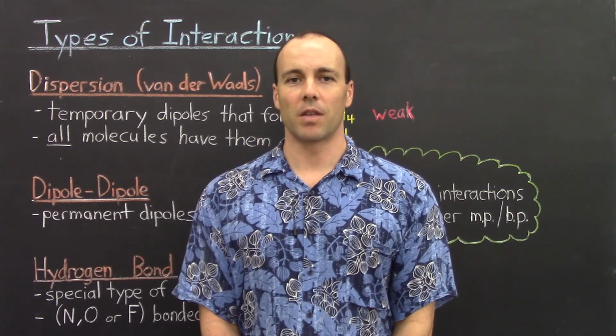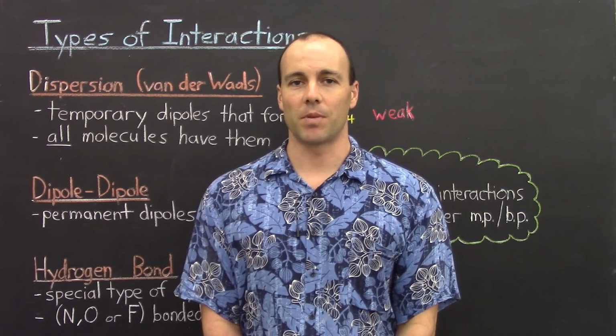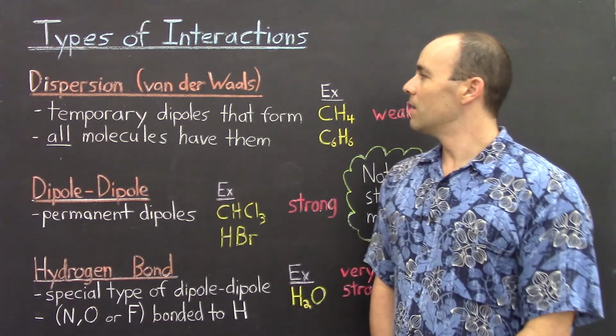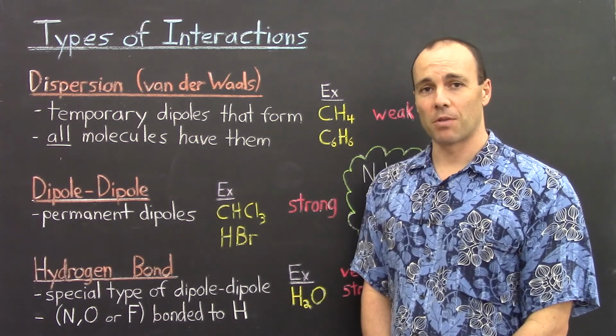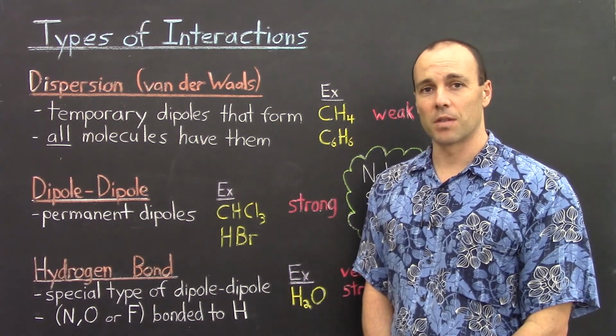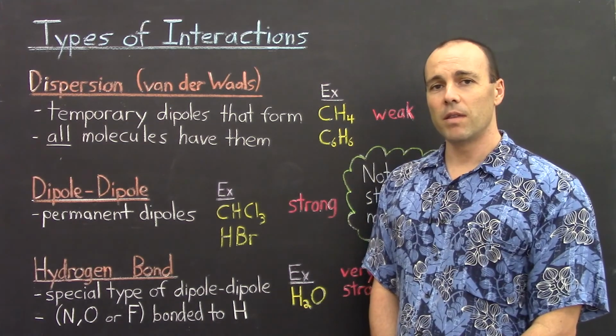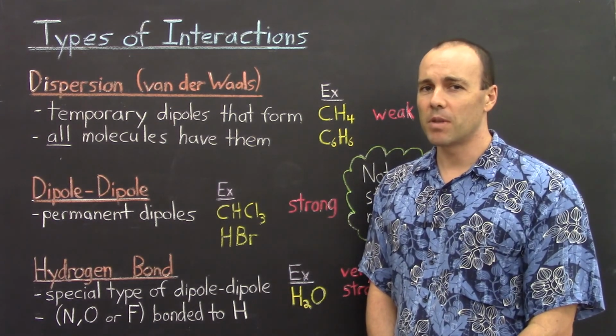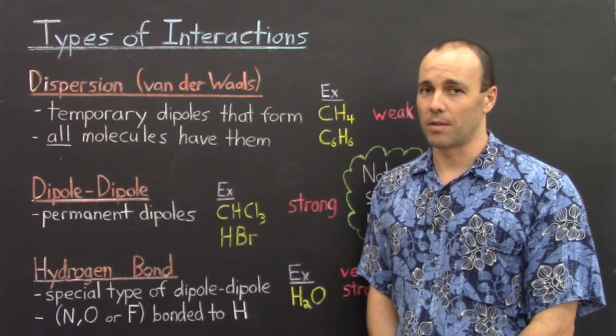Intermolecular interactions can be classified into 3 major types. The first type is the dispersion interaction, also called the van der Waals interaction. And these interactions are temporary dipoles that interact with one another.